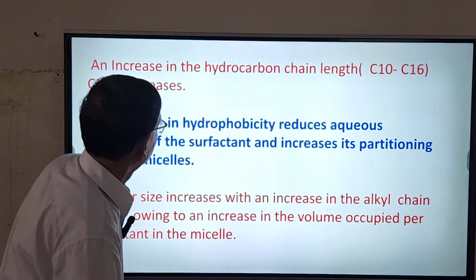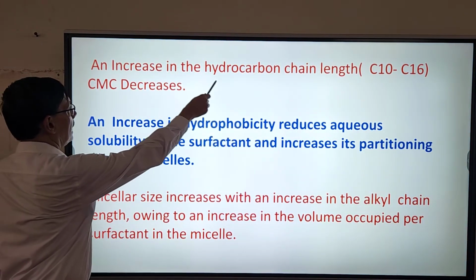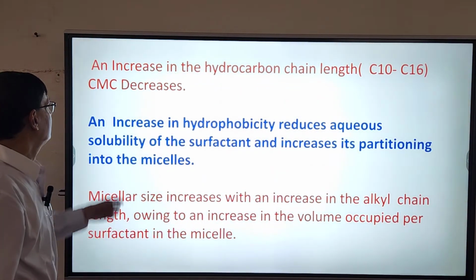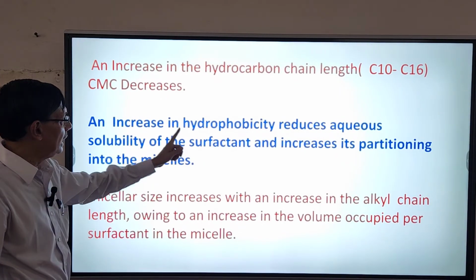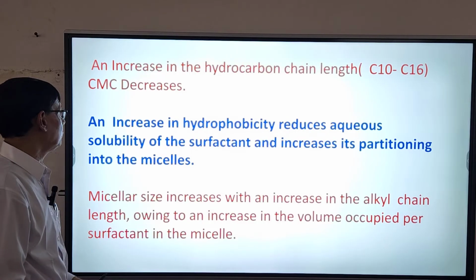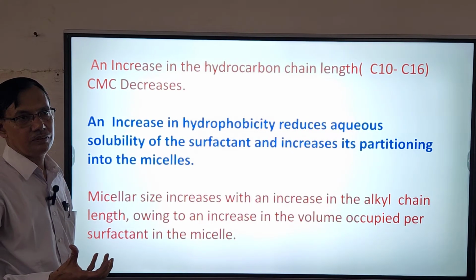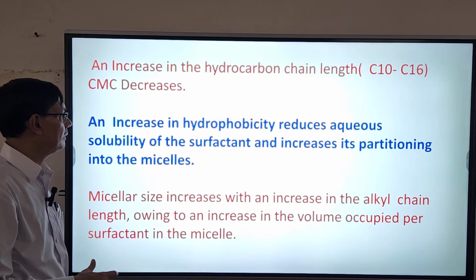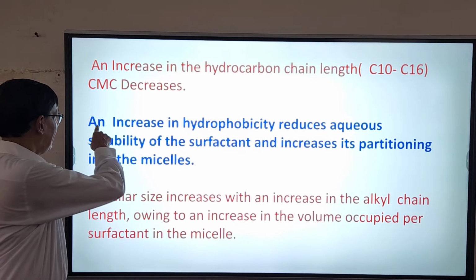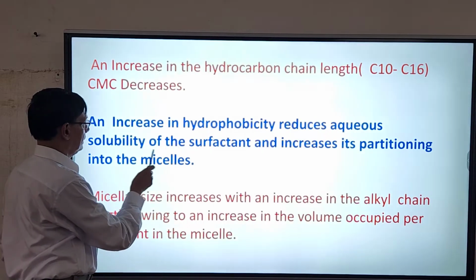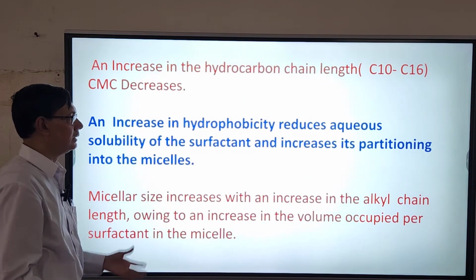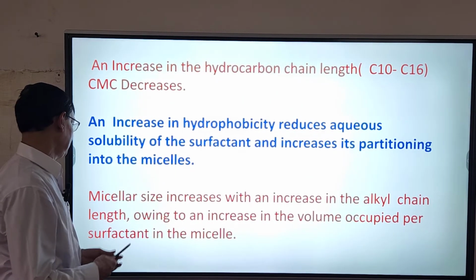With an increase in the hydrocarbon chain length, CMC decreases. First point. And an increase in the hydrophobicity reduces the aqueous solubility. Naturally, C16 is less soluble, and an increase in the hydrophobicity reduces the aqueous solubility of the surfactant and increases its partitioning into the micelles.